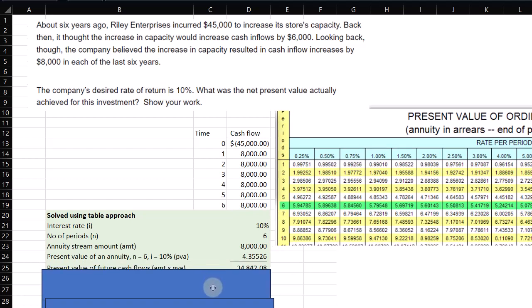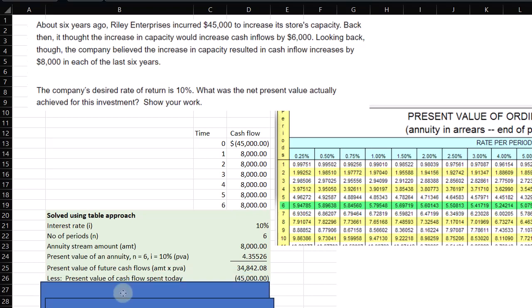So then what we would do is multiply the annuity stream amount, the payment amount, by the present value of the annuity factor. And when we multiply 8,000 times 4.35526, we get 34,842. That's the present value of the future cash flows.